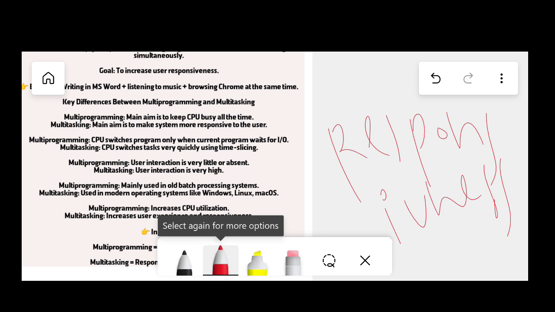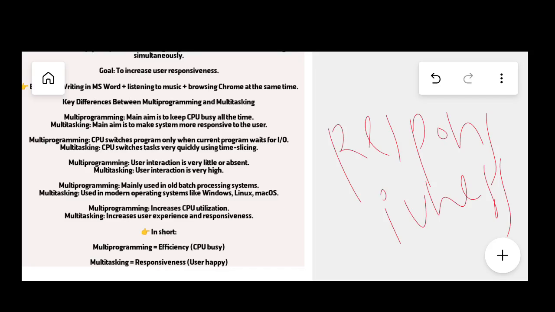So basically, multiprogramming means keeping multiple programs in the main memory at the same time, and multitasking is an extension of multiprogramming that uses time sharing.